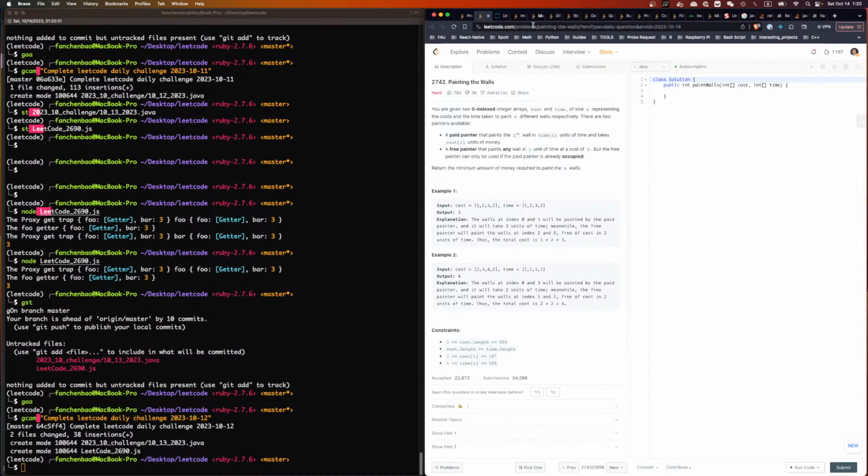Another strategy will be we ask the paid painter to paint this wall, right? It will take 3 time, and then during the 3 time, the other painter can paint the rest. In this case, it will take 4 because then what is the cost?